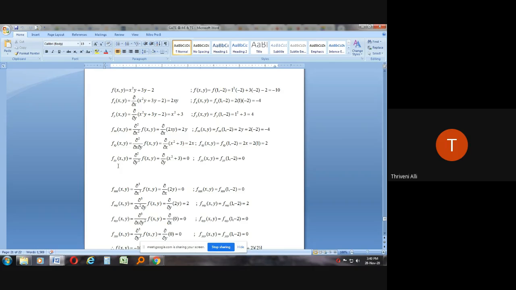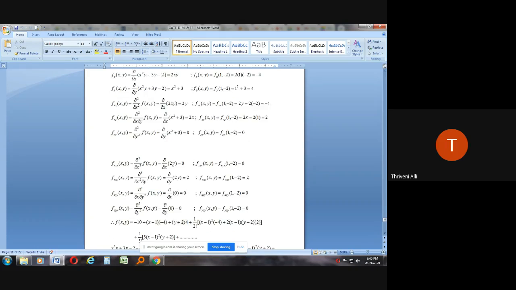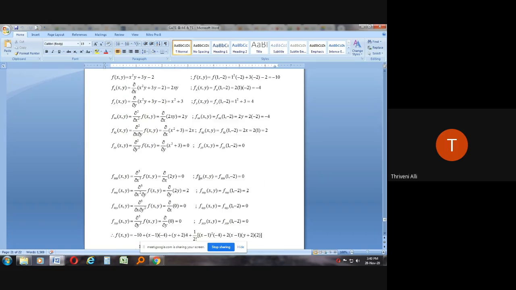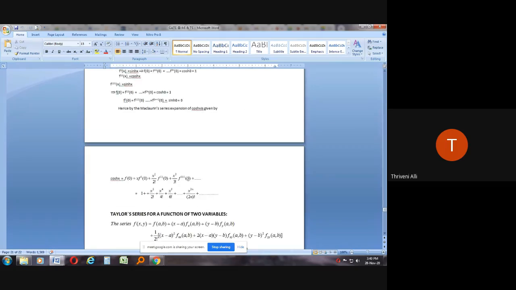And fyy means two times partial differentiation with respect to y. And fxxx means already we have done fxx, so again we differentiate with respect to x. Like that we do the partial derivatives and substitute in the Taylor series.